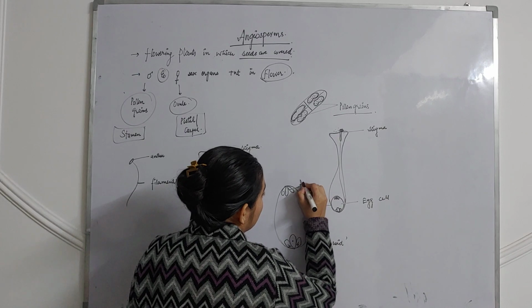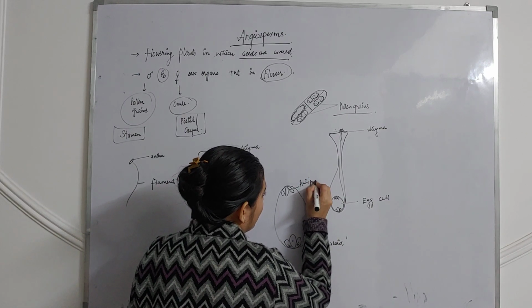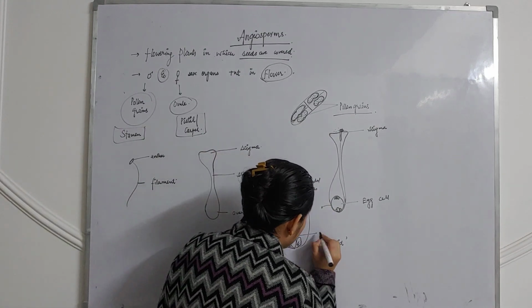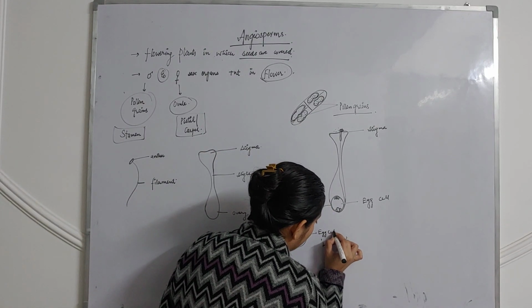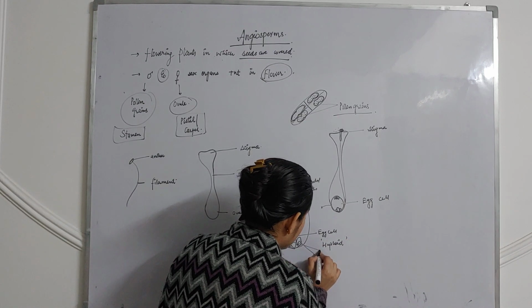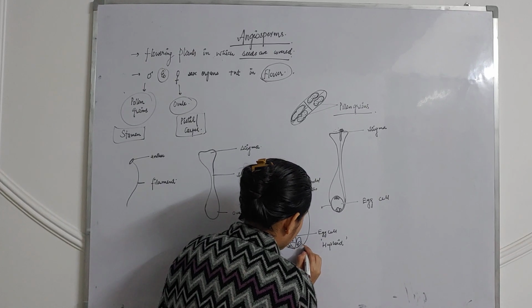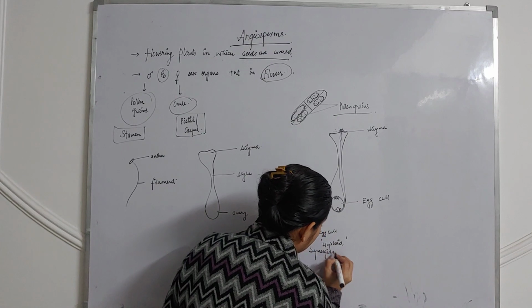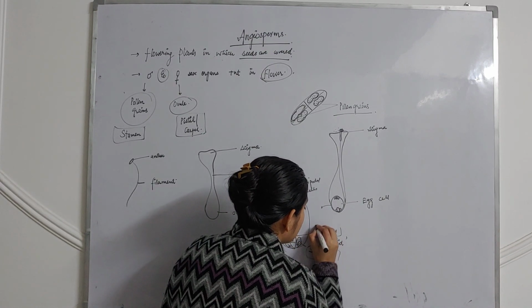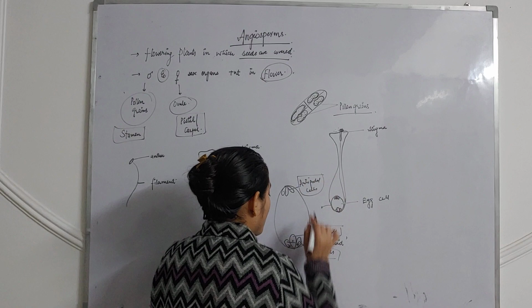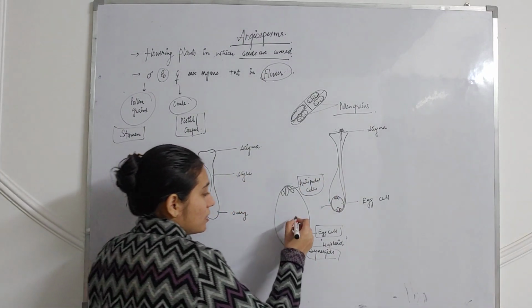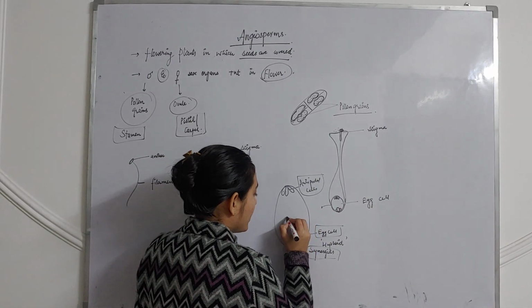These are the 3 antipodal cells, 1 egg cell and 2 synergids. The central cell is also a cell in which 2 polar nuclei are present.